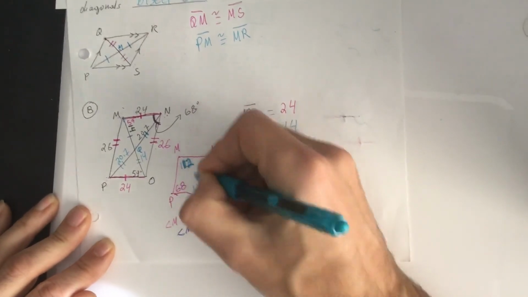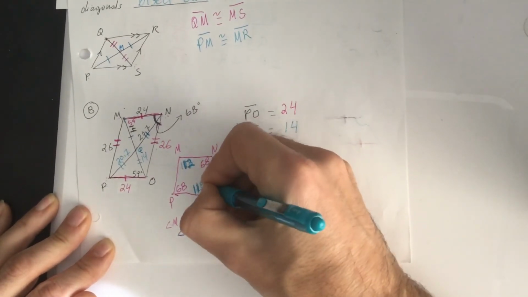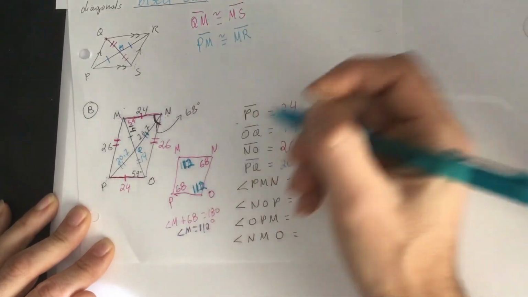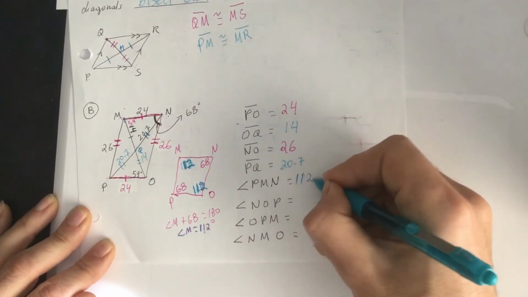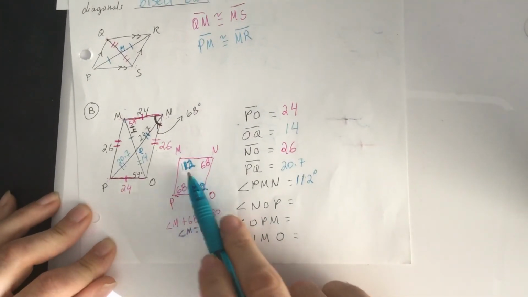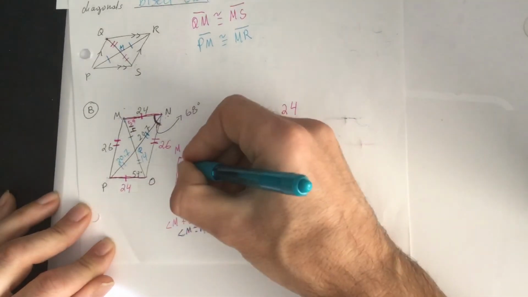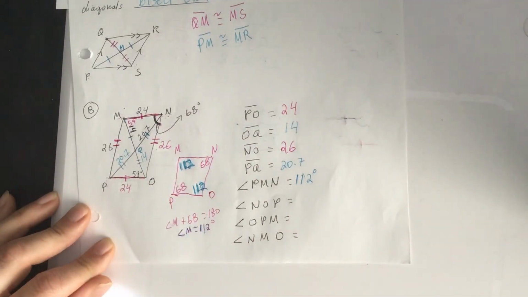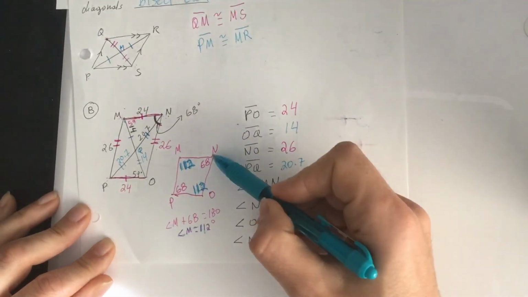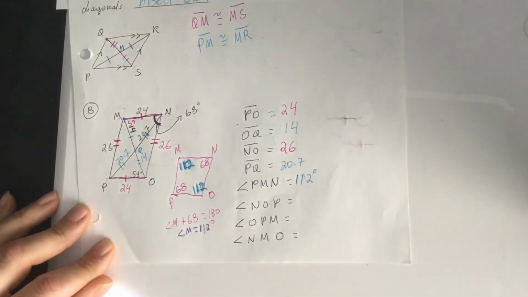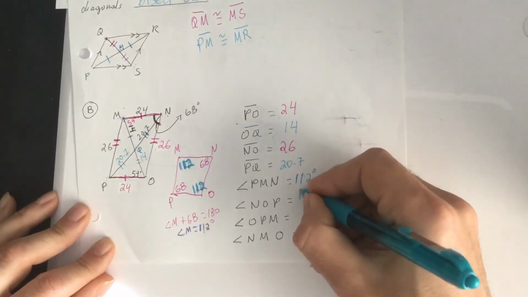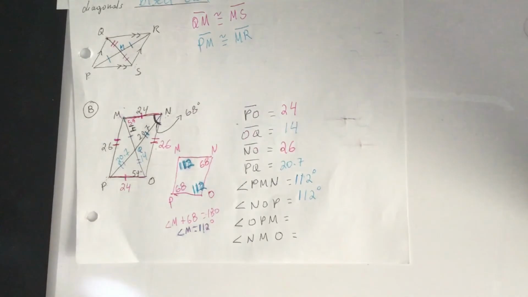It's 112. Right there. So that's 112. Because 112 plus 68 is 180, right? All right. So what about NOP? NOP. That is also 112 degrees.